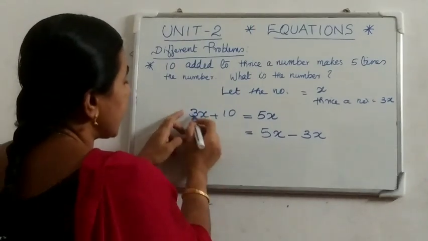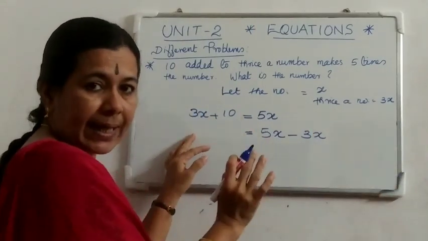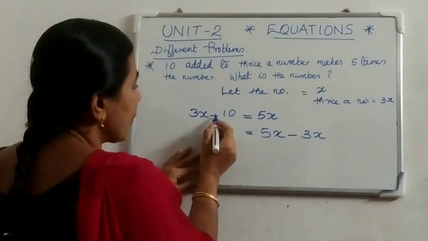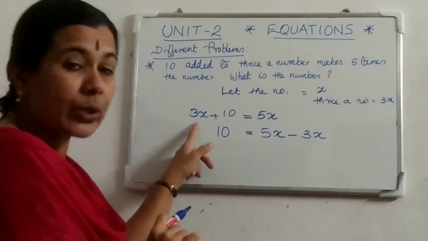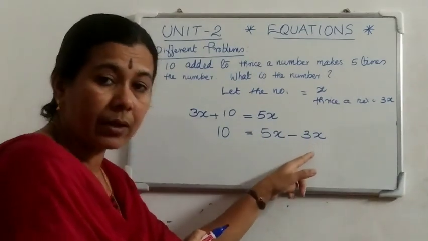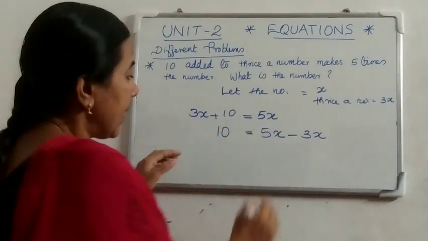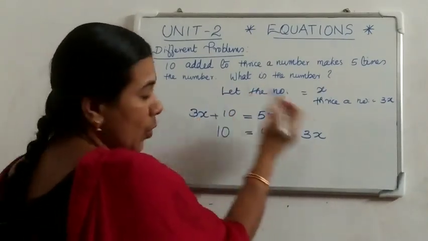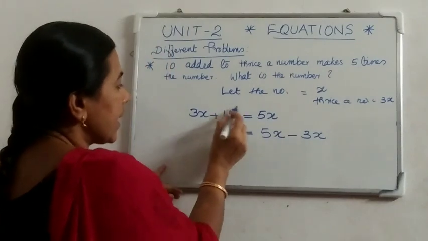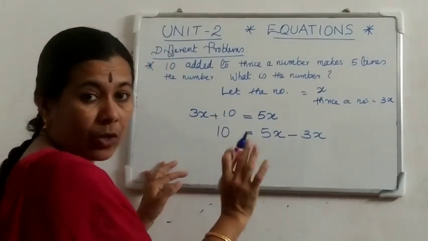On the left side, 3x went to the right side. Right? Then the remaining number is 10. And if this 3x goes to the right side as minus 3x, then the remaining term is 10 only.